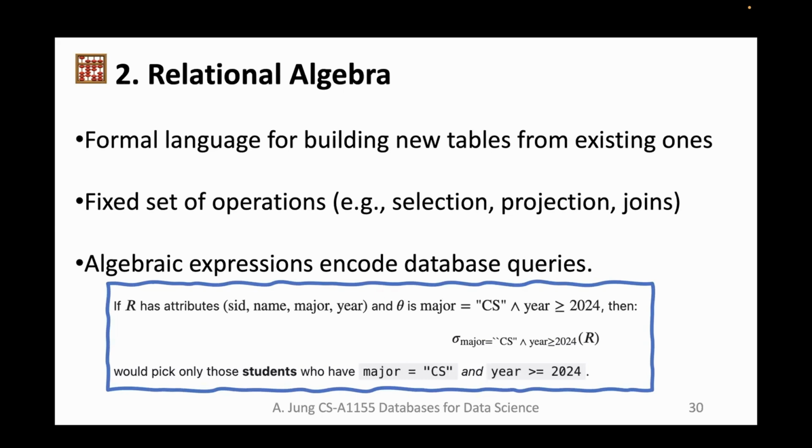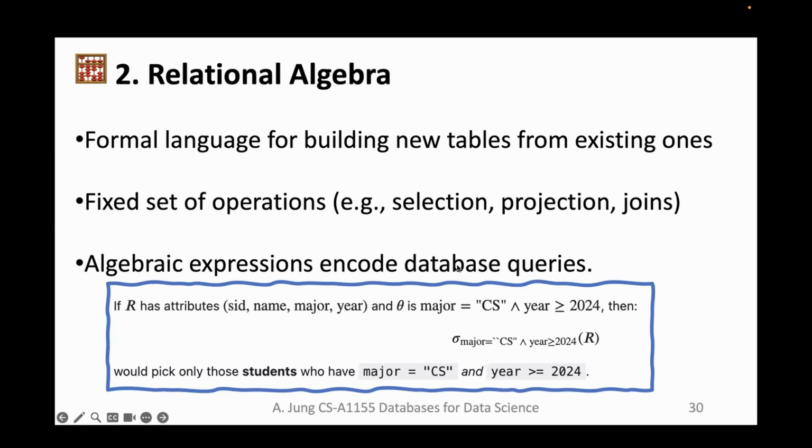So SQL is the everyday version of relational algebra. So in the end, these are formal languages for building, mainly for building new tables from existing ones. And you can think of these new tables that you build as being answers to questions or queries.